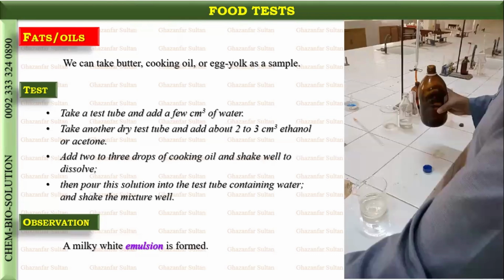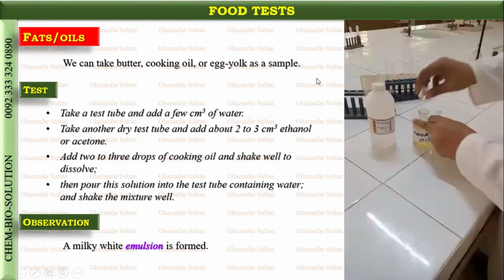Now you can see another way to test fats. Here we are using ethanol and cooking oil. So what is the change here?